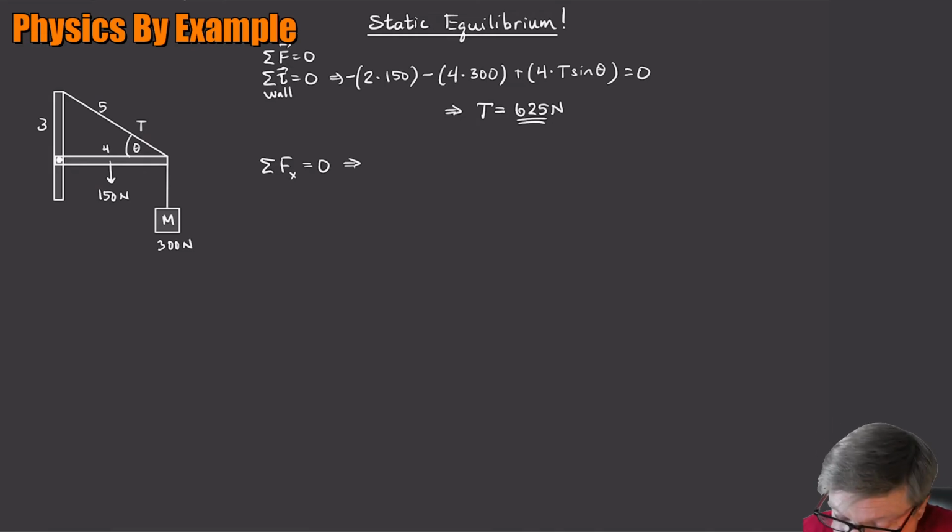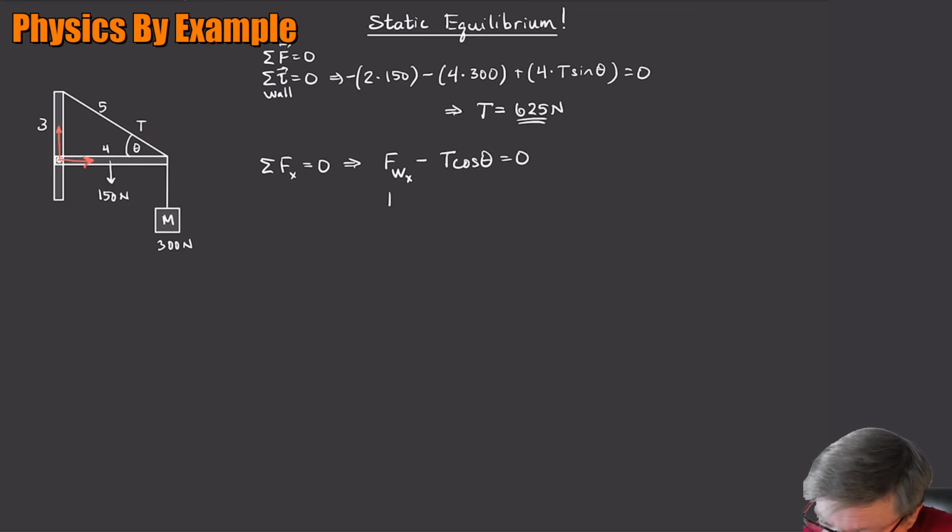This is the one I'm talking about. There's the x force from the wall, and there's the y force from the wall. It's the x one that I'm interested in right now. So the force from the wall in the x direction minus T cosine theta, the x component of T, has to be equal to 0.